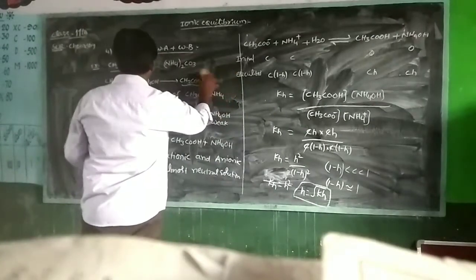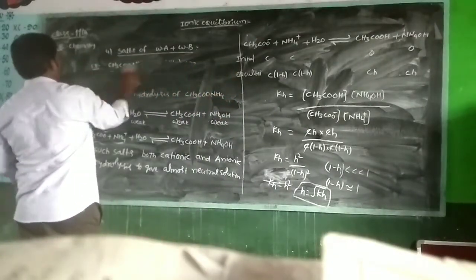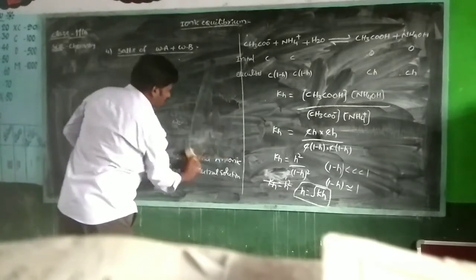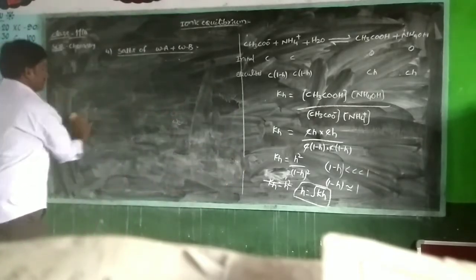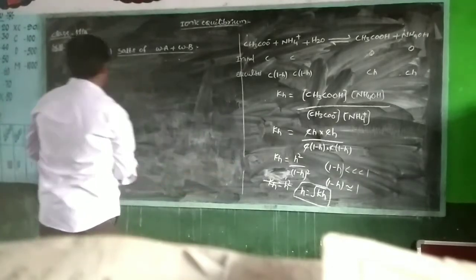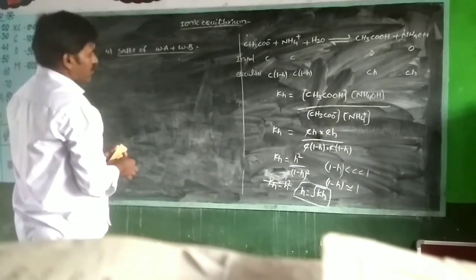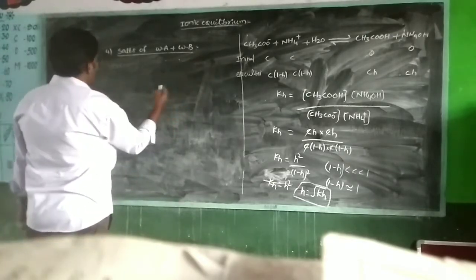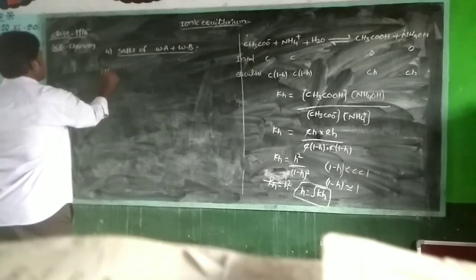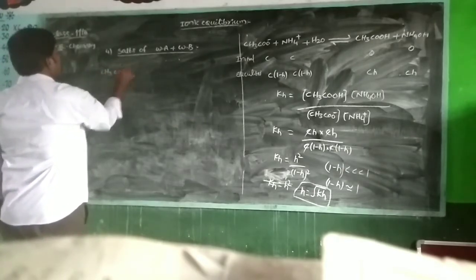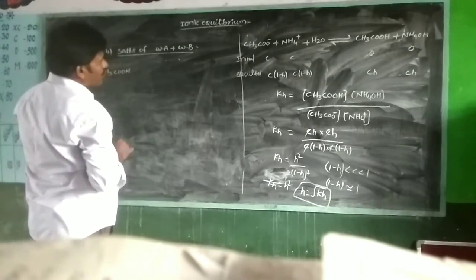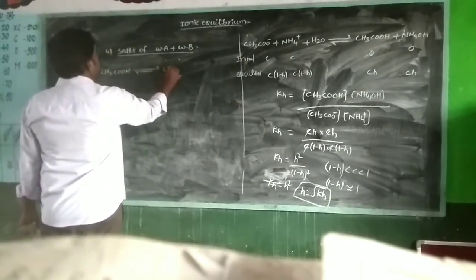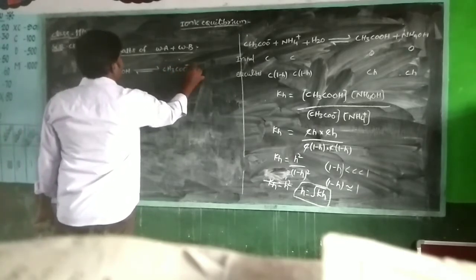Next, KH into Ka into Kb is equal to KW. You can write the Ka value: CH3COOH reversibly gives CH3COO minus plus H plus.